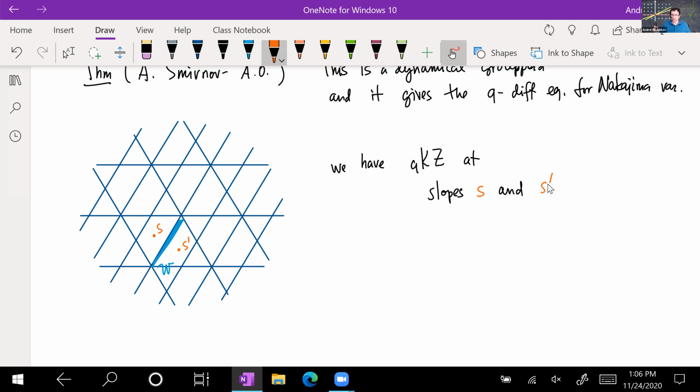So these are the variables. This is a parameter in the R matrix. And as this parameter changes, you have two different connections.